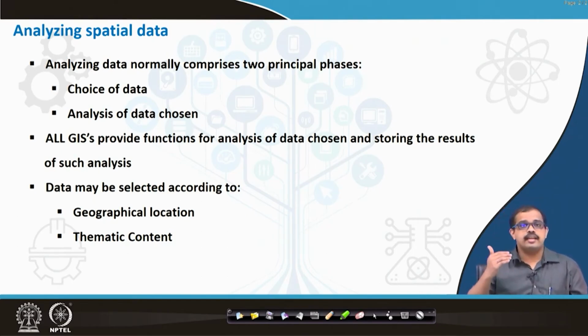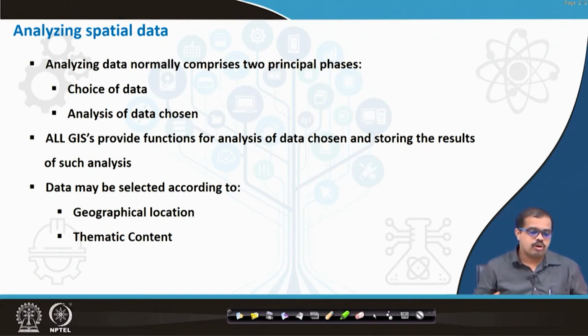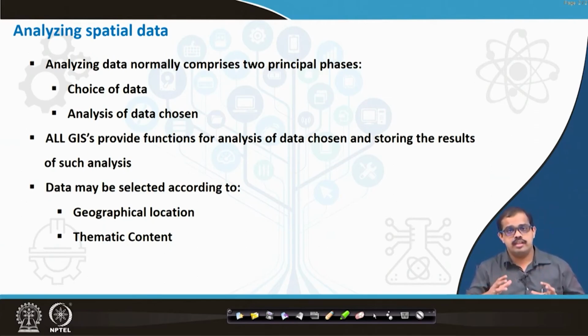Then the second thing is analysis of the data chosen. That is where GIS, as a software and a tool, is extremely important. All software of Geographic Information System function for the analysis of data chosen and storing the results of such analysis, which means GIS is more interested in analysis of the data; the tools that are developed are for analysis of the data.